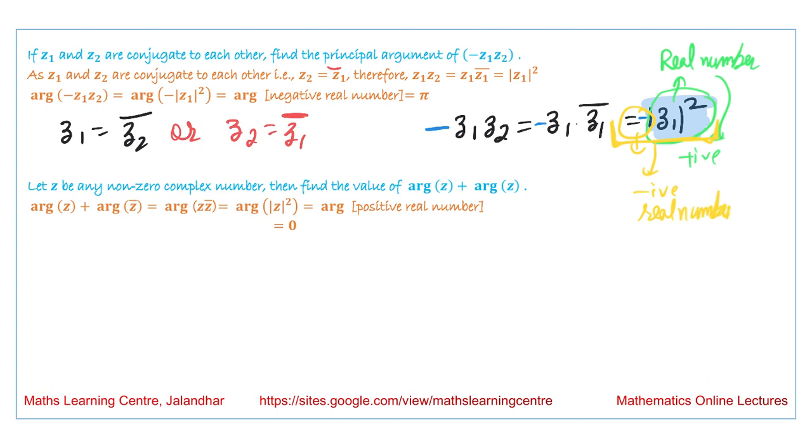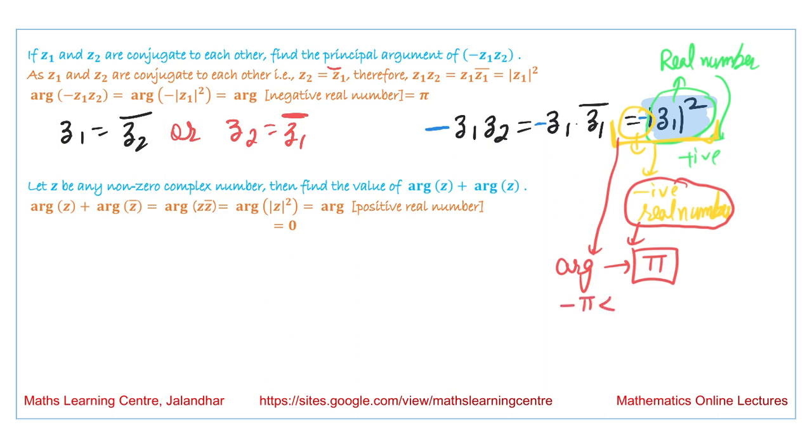Now if it is a negative real number, it means the argument of this number will be pi, because the argument of a negative real number is always pi. We are talking about the principal argument, which means minus pi is less than theta is less than or equal to pi. So the principal argument over here will be equal to pi, because minus z1 into z2 is a negative real number.